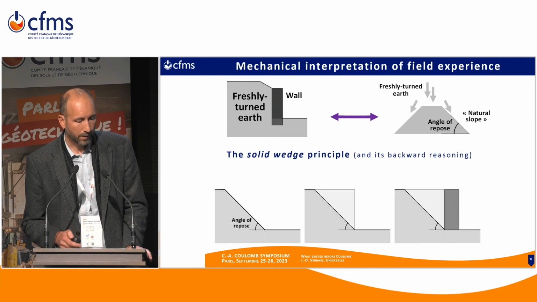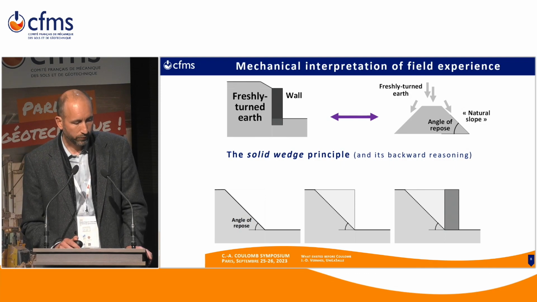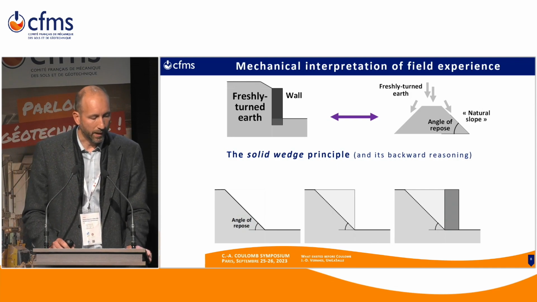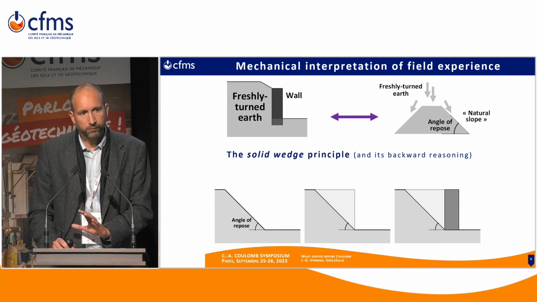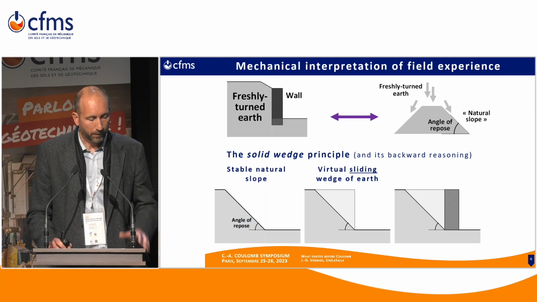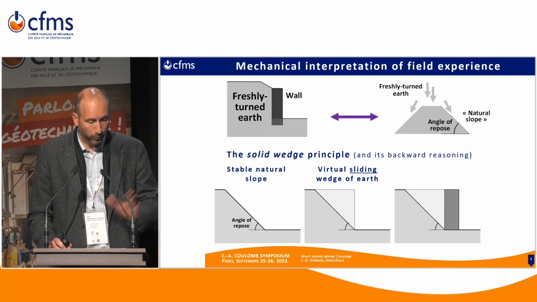So the backward reasoning, introducing the solid wedge principle, was to say that as long as you have a mound with a stable angle of repose and consider the wall on the other side, you will consider a wedge of ground between this naturally stable part of the ground and the wall.